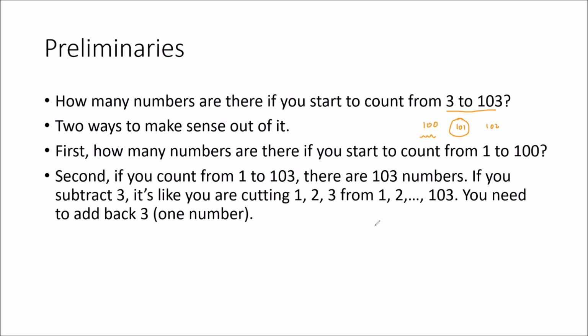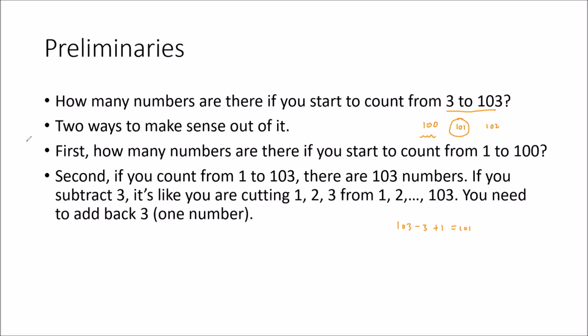But this number 3 should be included when you count from 3 to 103. So that number should be added back. There's one number, right? It's not adding 3. So you add 1 back. So you get 103 minus 3, and you add 1 back. So again, it's 101.